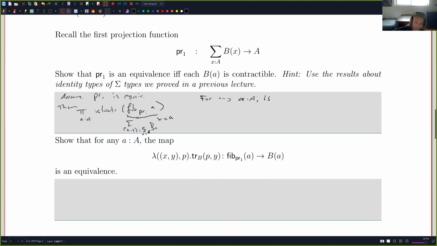And then we also have two elements, b and b prime, in B of a. Then we first have that (a, b, refl) is an element of the fiber of the projection. And also (a, b prime, refl).